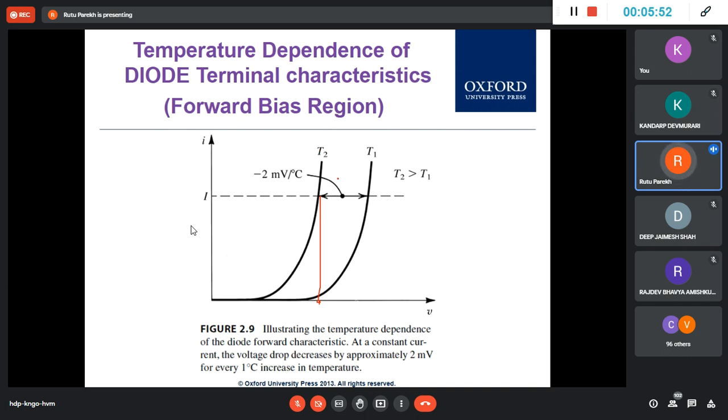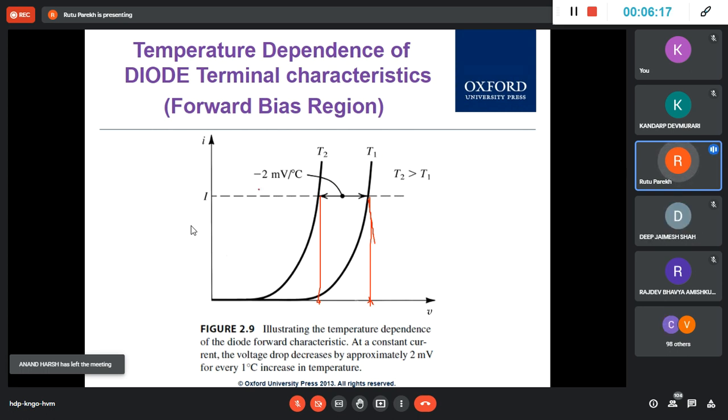This is 45 degrees, right? So this voltage is higher than this voltage, right? So for the same current, at higher temperature, you will need a lower voltage to get the same current compared to the one that you get at a lower temperature. So that is that one.